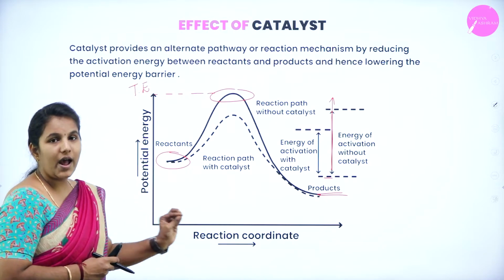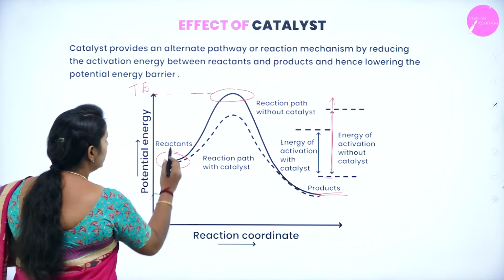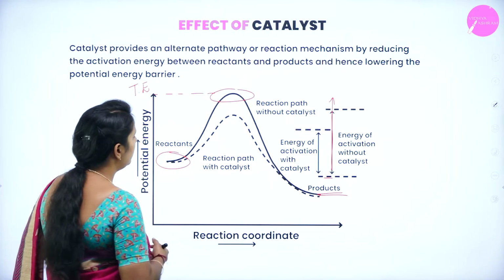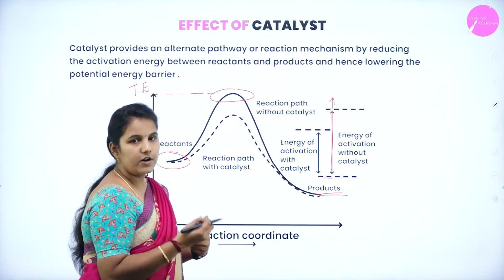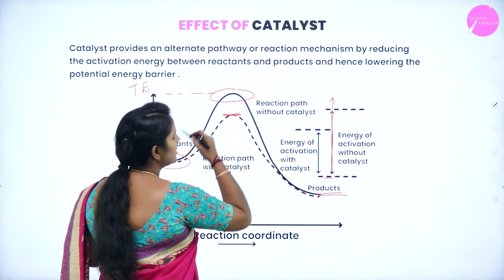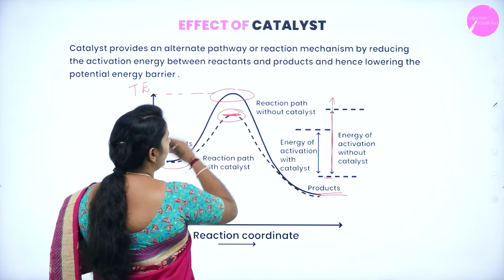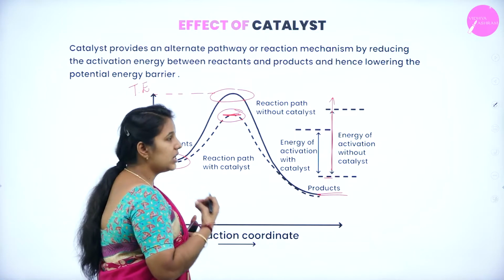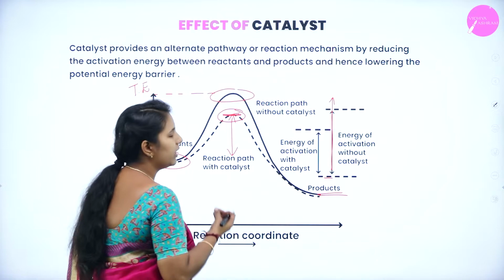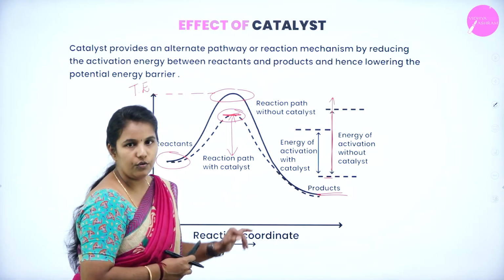Suppose I add the catalyst to the reaction. We know that the catalyst will react with the reactants. It will form temporary bonds with the reactant and form an intermediate complex at this point. Once it forms an intermediate complex, the energy of activation for this kind of reaction is very, very, very small as compared with the reactant alone.